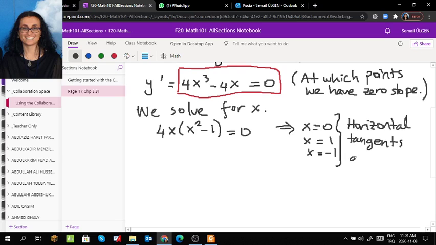Tangents at x equal to 0, minus 1, plus 1. So what are the corresponding equations of the horizontal tangents, I should say?